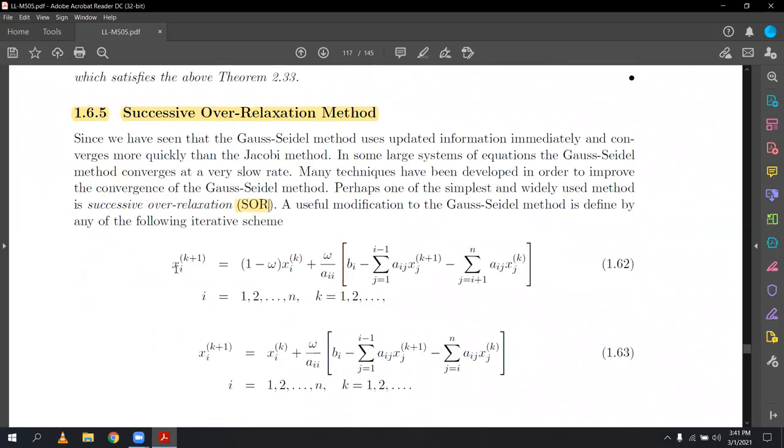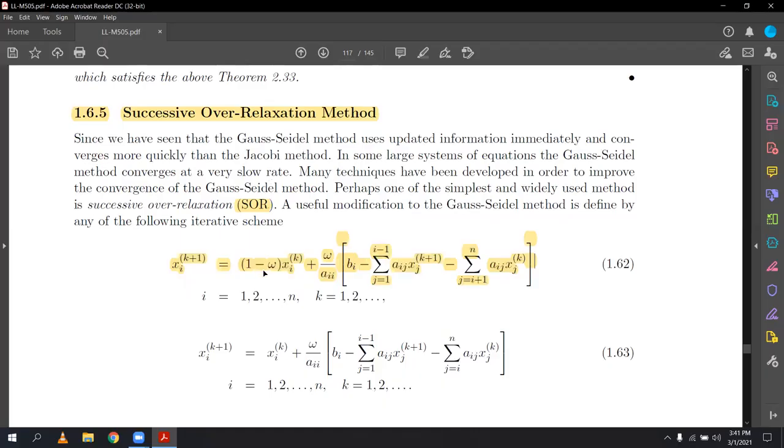And this is the formula of the SOR method. We introduce a parameter which we call omega here, and that parameter we call the relaxation parameter.